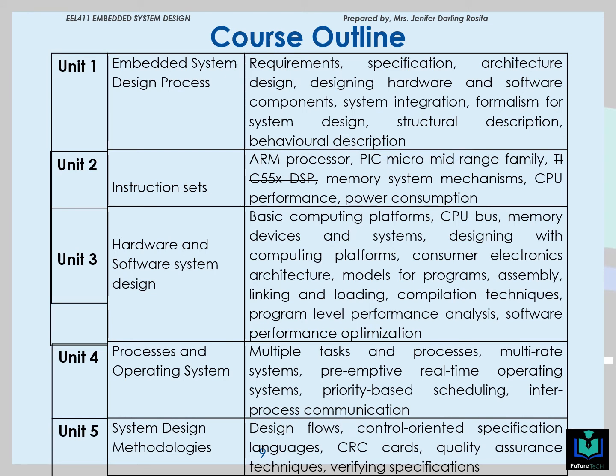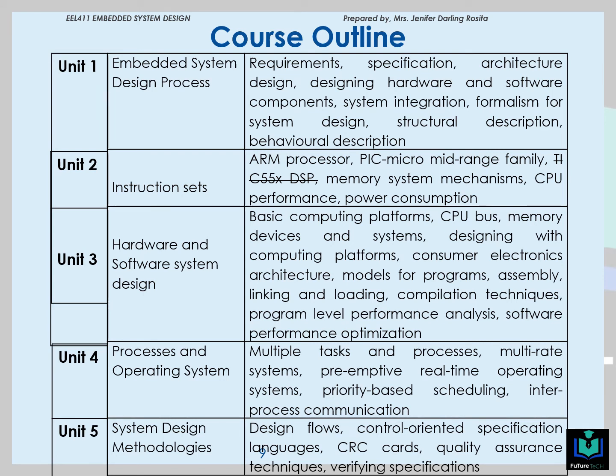Then after the steps required for the embedded system design process, we are going to talk about formalism of system design as well as structural description and behavioral description. These 3 topics talk about some of the schematic representations which are very important to design a particular thing.